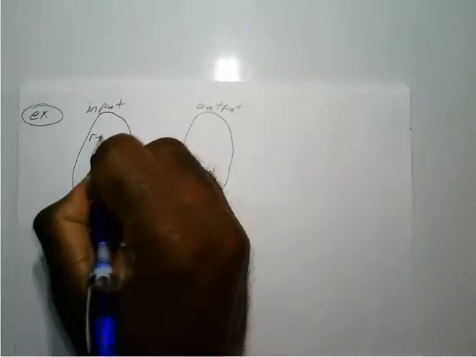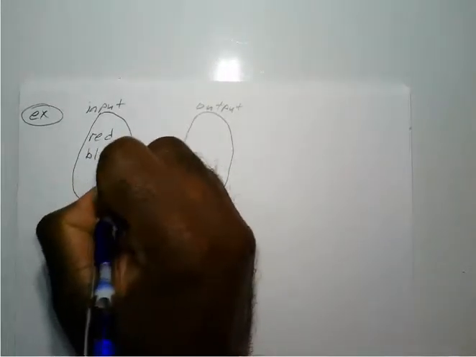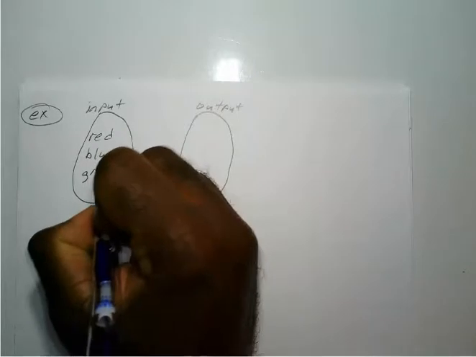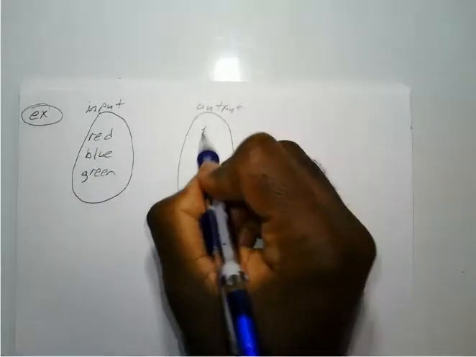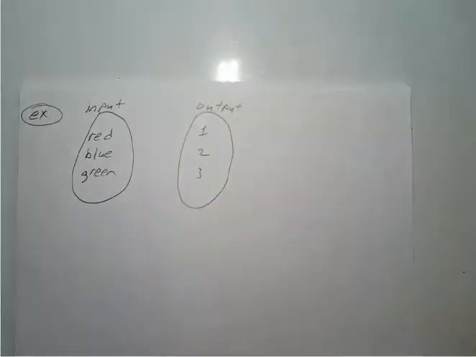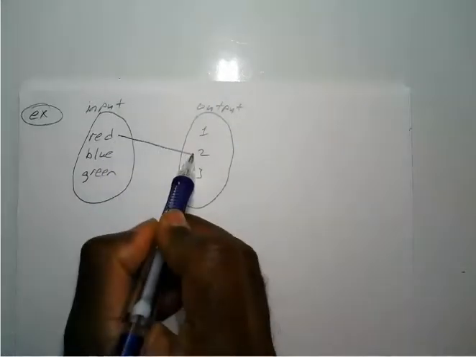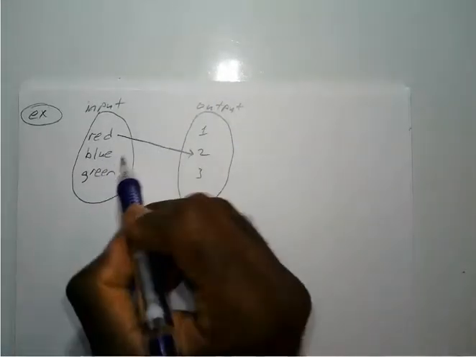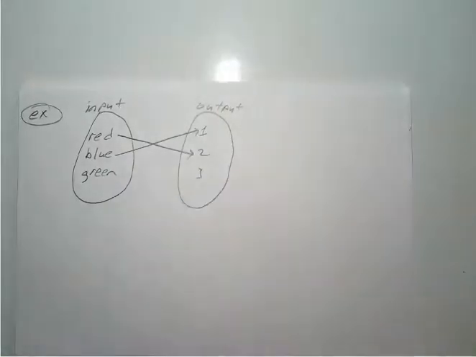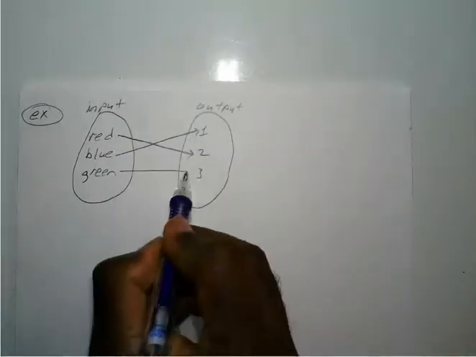Let's say you have red, blue, and green, and you have 1, 2, and 3. Red goes to 2, blue goes to 1, and green goes to 3.